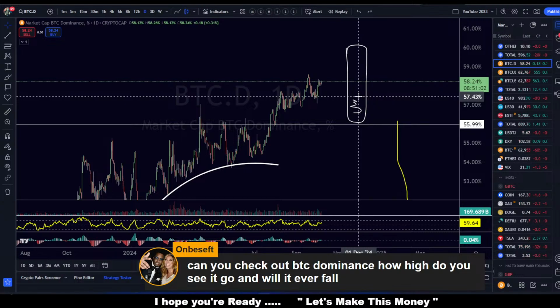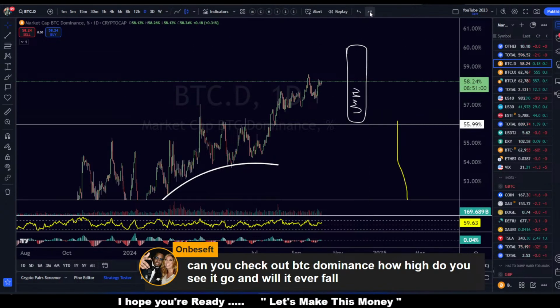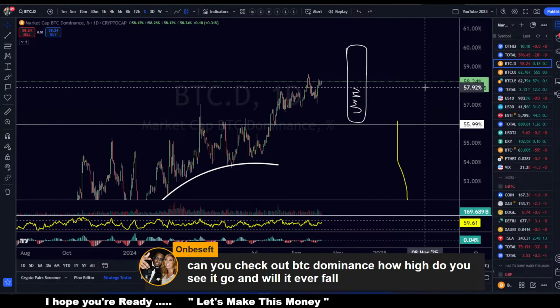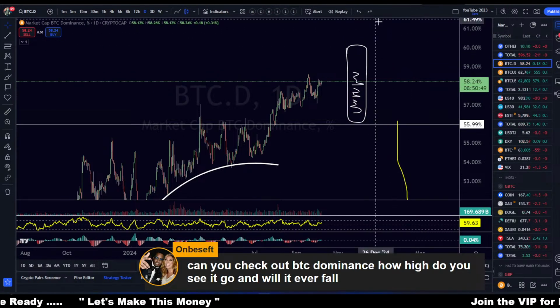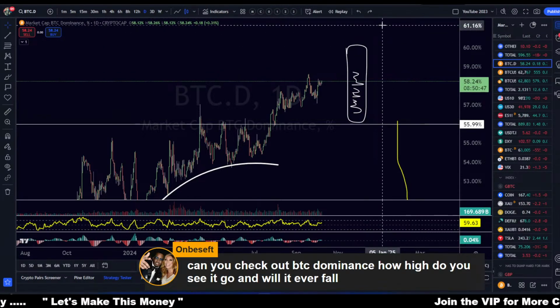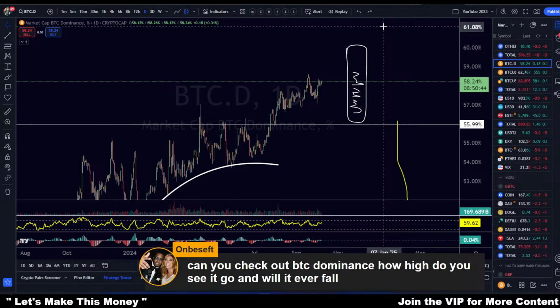But once you start seeing this starting to come back up, even though your coins are doing great, this is where it becomes important. Even though your coins are doing great, even though the market is still doing really good, once you start seeing this, uh-oh, watch out, be careful.